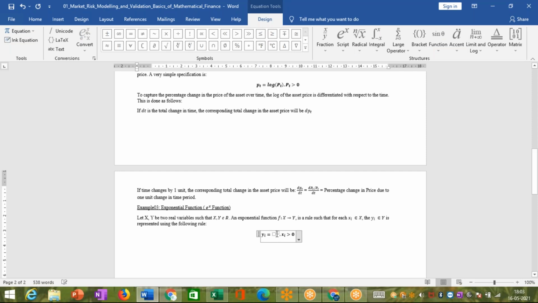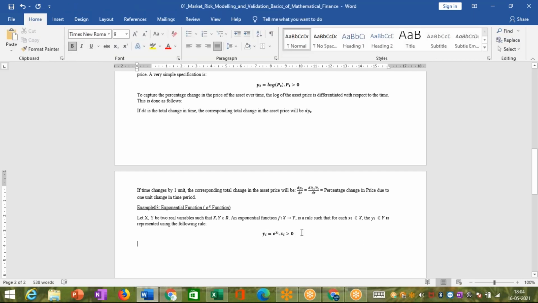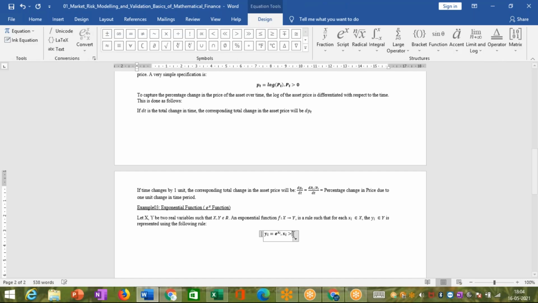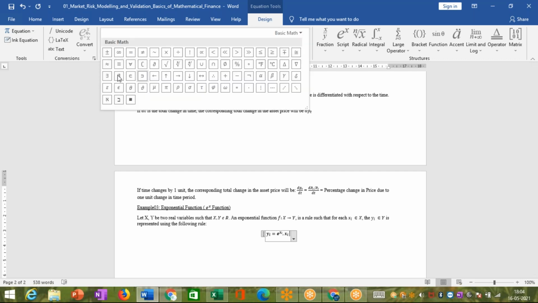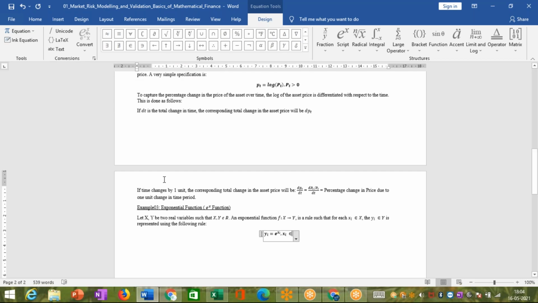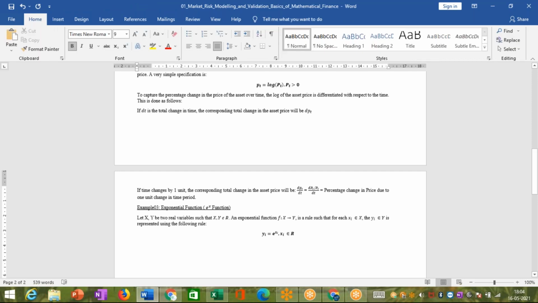We'll say e to the power of x, where x belongs to R. So this is well defined for any real numbers, right? So this is what the function is.